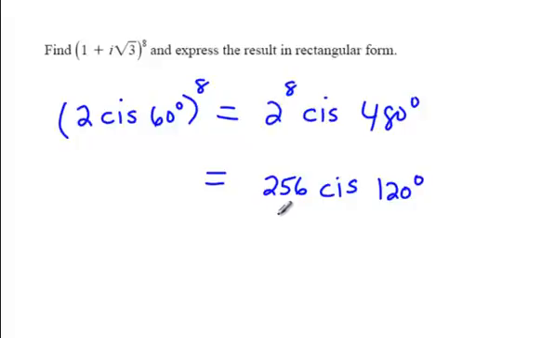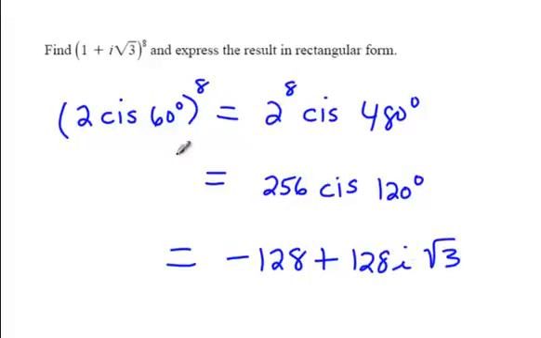So now we have 256 cis 120. Convert that back to rectangular form using what you've learned in section 8.2, and that would be negative 128 plus 128 i root 3. So you can see it's much quicker to use de Moivre's theorem than to stay with rectangular form and multiply it over and over again.